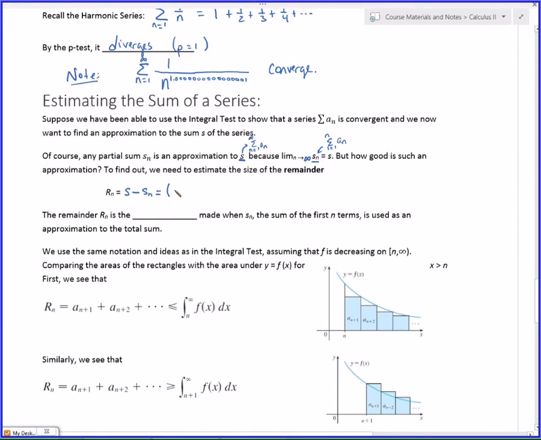Okay? So what this looks like is the following. It's a1 plus a2 plus a3 plus all the way out to a sub n plus a sub n plus 1 plus a sub n plus 2 plus dot dot dot. There's your S. It's the whole thing. Now S sub n is a sub 1 plus a sub 2 plus all the way out to a sub n, and you stop.